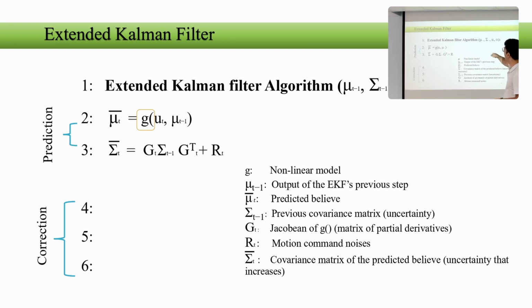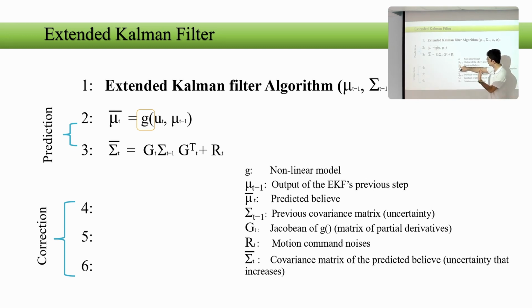Here I've added some notes for you to read later and understand the algorithm better. For example, g is here, a nonlinear model. I already explained all of these. For example, the mean at t minus 1 is the output of the extended Kalman filter from the previous step. So this one is the previous mean, and for example, we have the predicted belief.